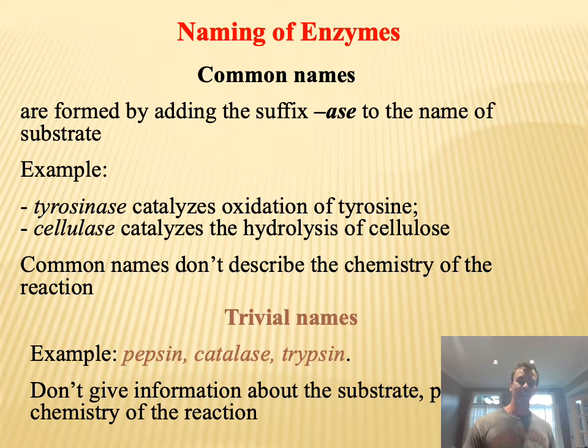There are a lot of common enzymes like pepsin, catalase, trypsin, where the name itself really doesn't characterize exactly what it does. So, there are official naming conventions for enzymes, but a lot of times these aren't followed. So sometimes the name may mean something, and other times it may just be a common name.